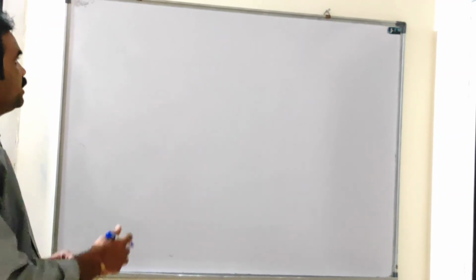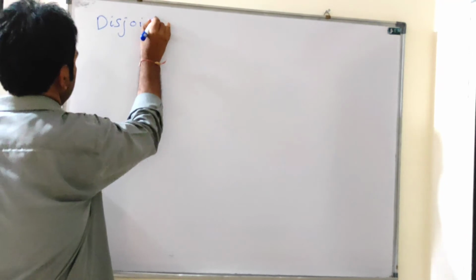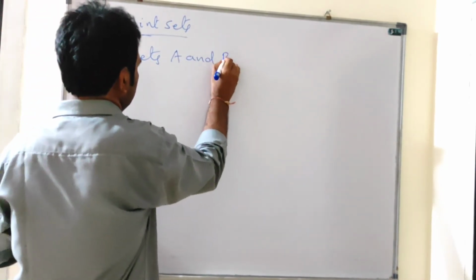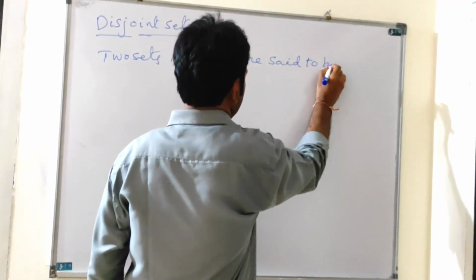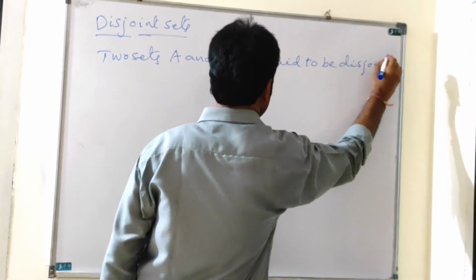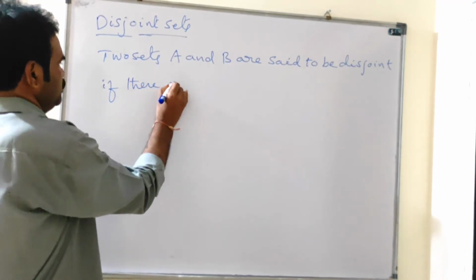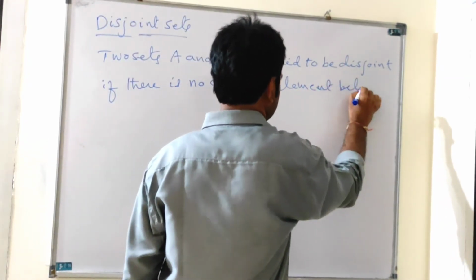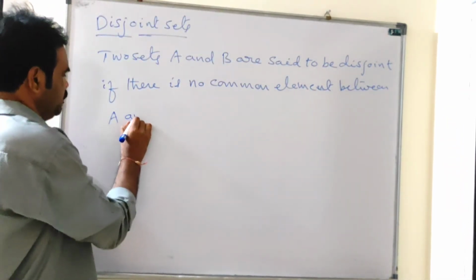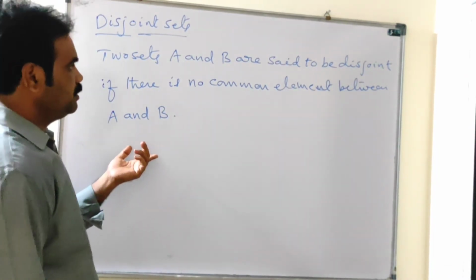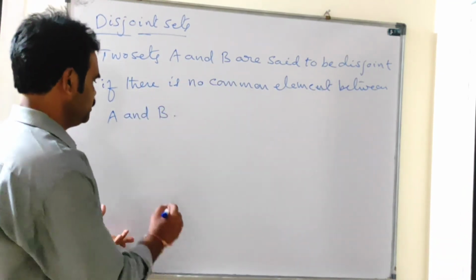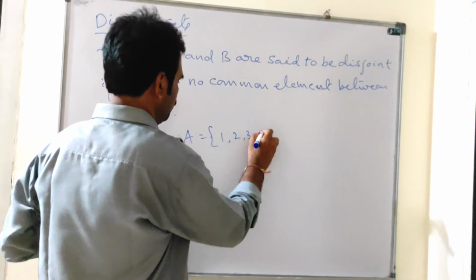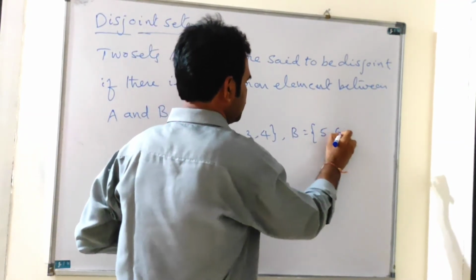Next definition: disjoint sets. Two sets A and B are said to be disjoint if there is no common element between A and B. For example, A equal to 1, 2, 3, 4 and B equal to 5, 6, 7, 8.